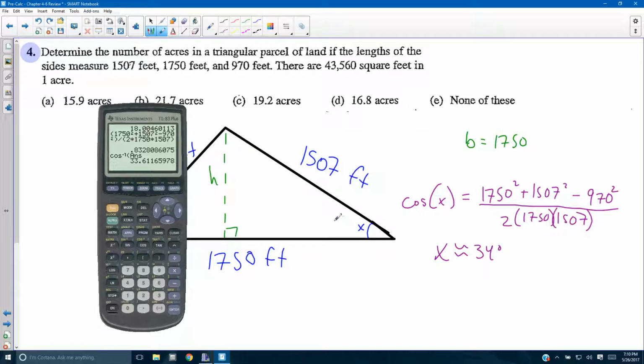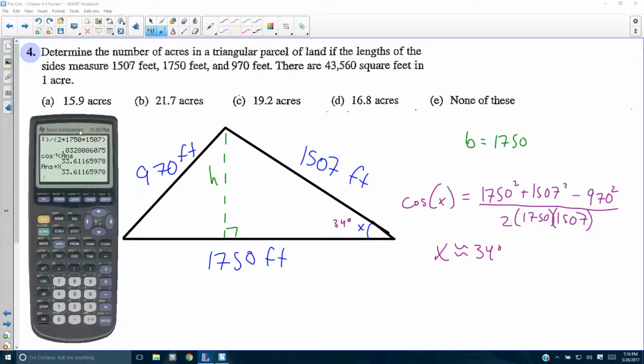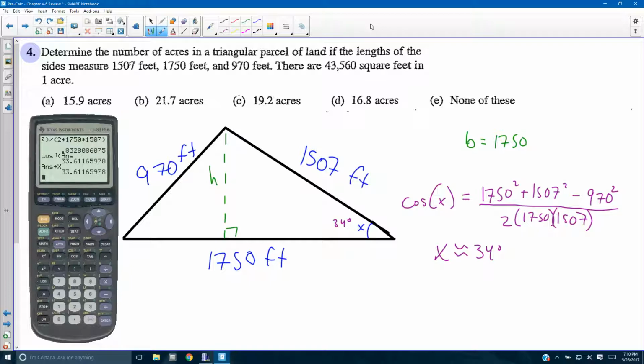Because remember, I'm going to use my calculator and keep this value stored anyway. So I'm going to store this into x. Okay. And I'm going to leave that there. It's probably just going to be the next answer I use anyway, but just in case it's not. Let's find out what h is now in terms of that x value. The sine of x, sine of 34, is opposite, which is height h, divided by hypotenuse, which is 1507.